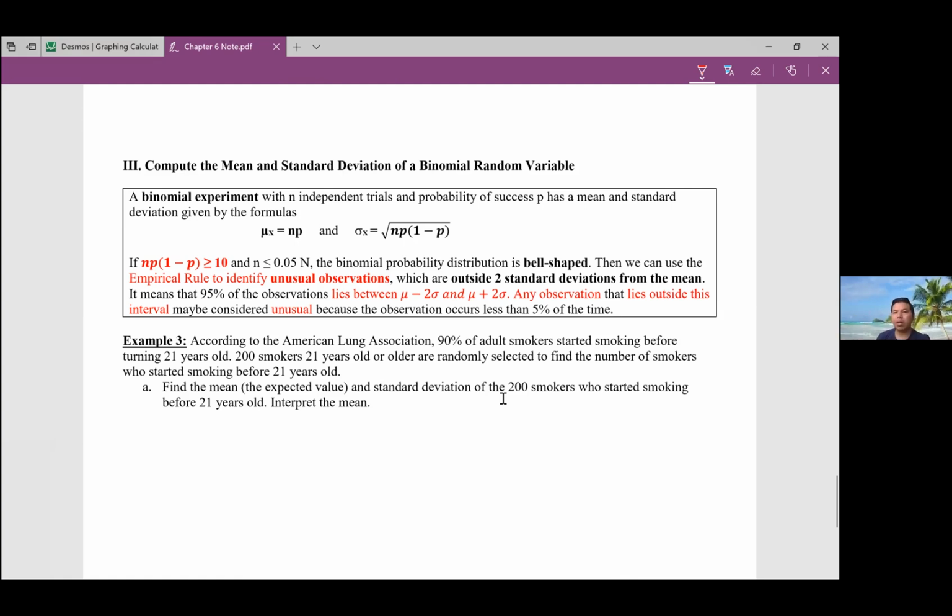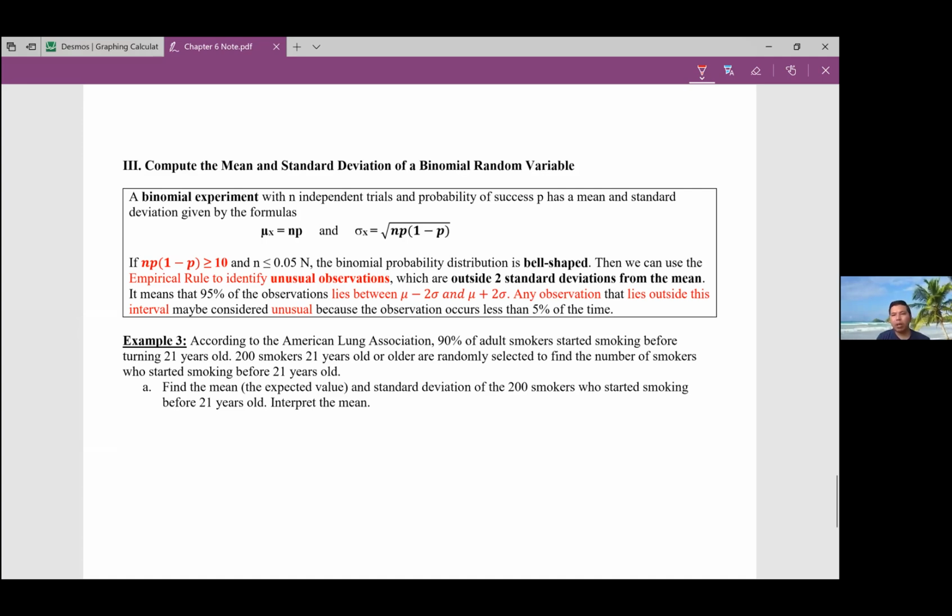And the standard deviation will be the square root of n times p times 1 minus p, with everything underneath the radical. Okay, so this is only designed for a binomial random variable, with n independent trials.